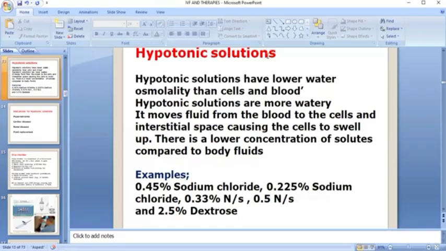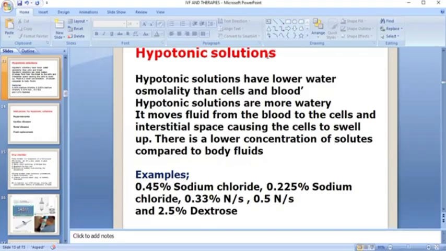And remember what we say, fluid will be drawn from the area that is lower to the area that is higher. So this hypotonic solution you are infusing, after putting it into the veins of the client, will still move out of the veins and move into the cells because the content of the cells is higher. So the fluid will still move out of the veins and enter the cell, okay?